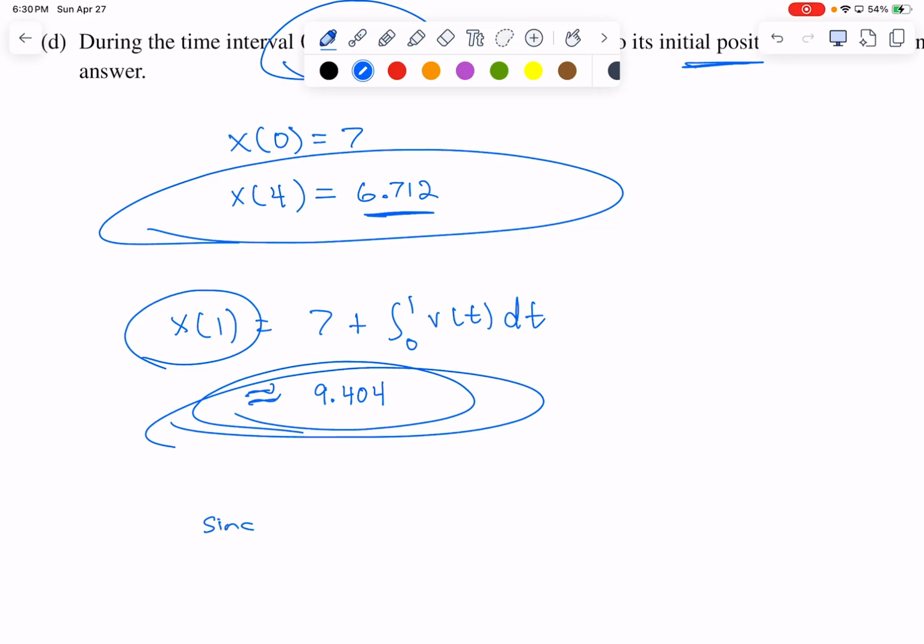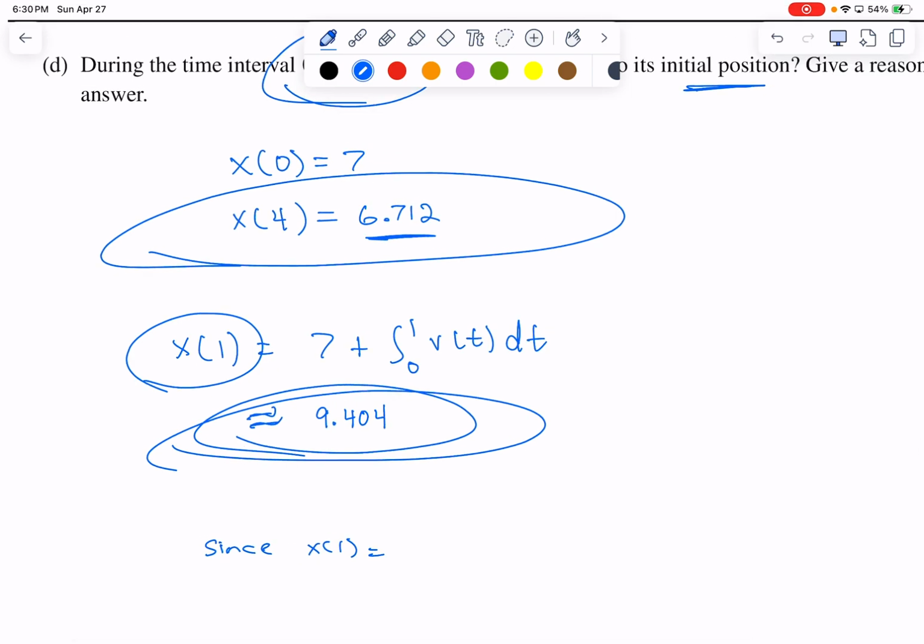Since x of 1 is equal to 9.404, and x of 4 is equal to 6.712, by IVT, the particle must return to what?